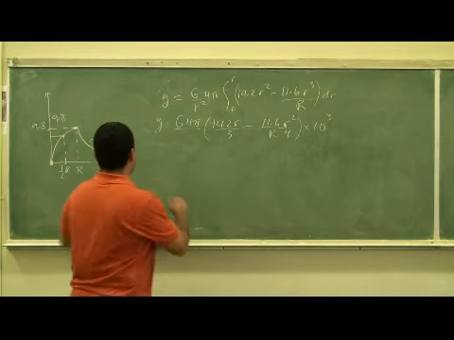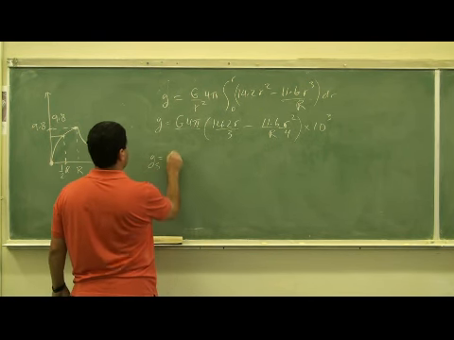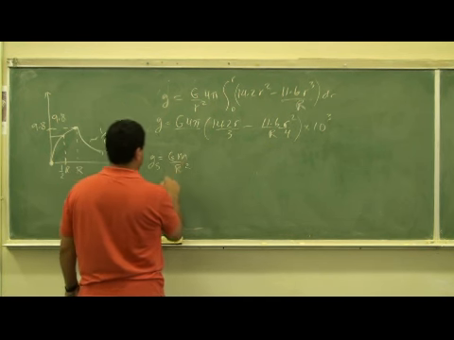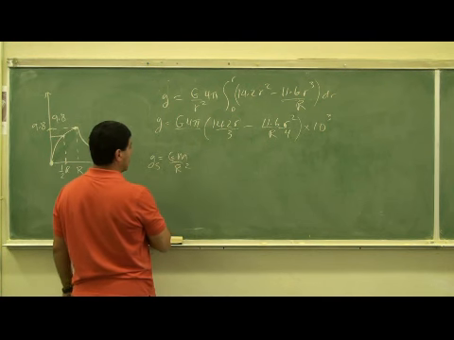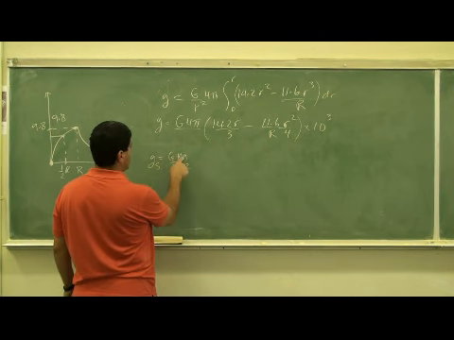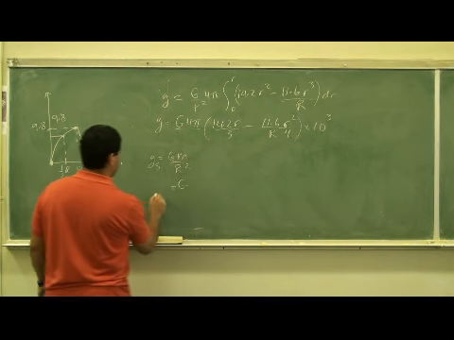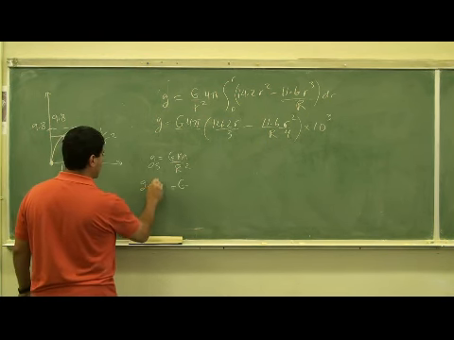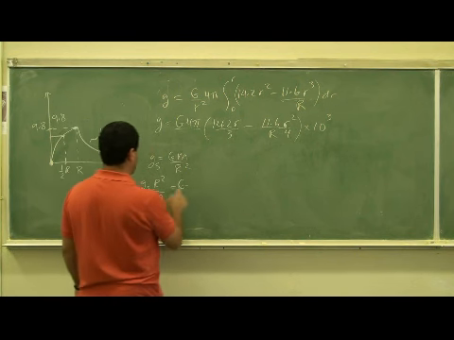Because we know the gravity on the surface, the little g, is equal to, on the surface, GM over R squared, and this is the actual mass of the planet. So I could write G as equal to g_s R squared over M.